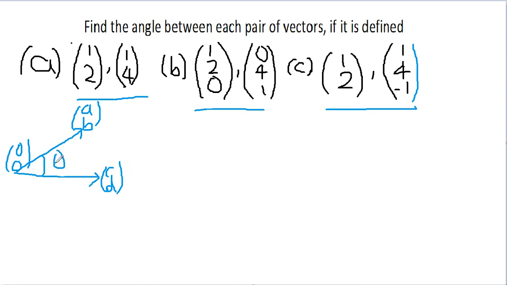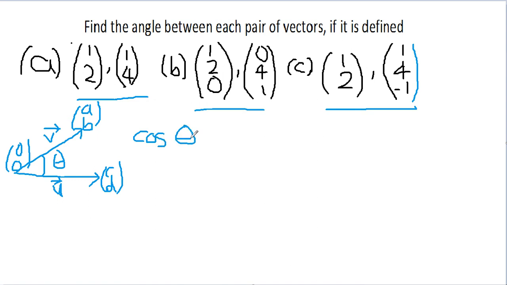So this is theta. This is vector u. This is vector v. So now we can use this formula to get the angle between each vector.